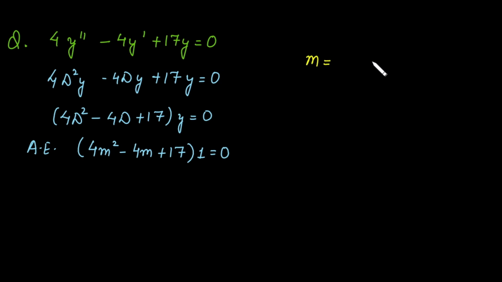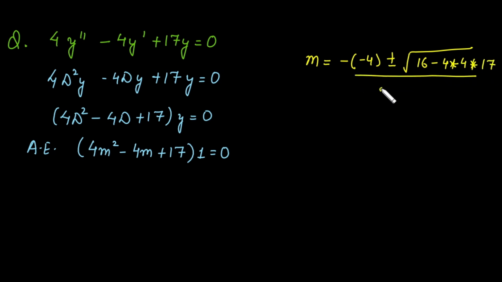m is equal to minus b. So the value of b is minus 4, plus minus under root b square, that is (minus 4) square, 16, minus 4 into a, that is 4, into c, that is 17, divided by 2 into a, that is 4.